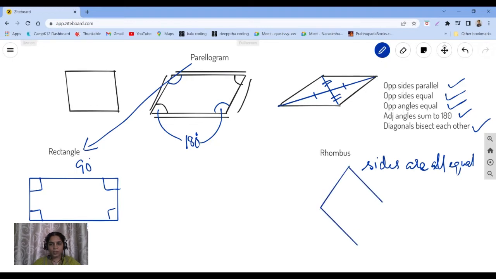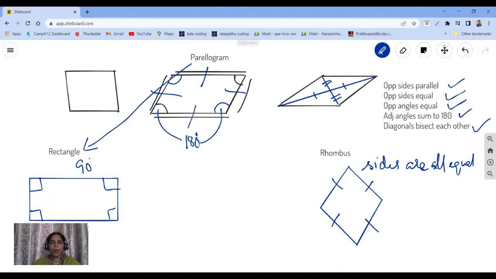See, this is also a parallelogram. But the only thing is, in a parallelogram, only the opposite sides were equal. What if all the sides become equal, but the angle is not 90? Only the sides are equal. Then it becomes a rhombus.